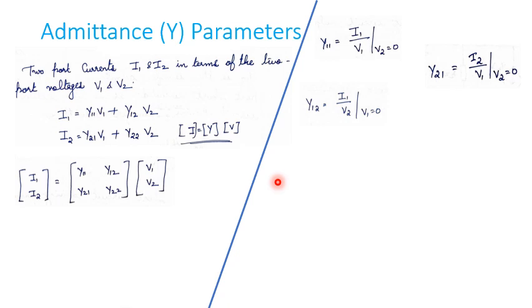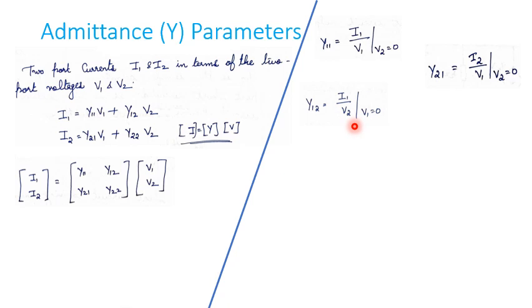Now the next term Y12. From here we can write Y12 is equal to I1 by V2 when V1 is 0. V1 equal to 0 means input port is short circuited. Y12 is the transfer admittance with the input port short circuited.